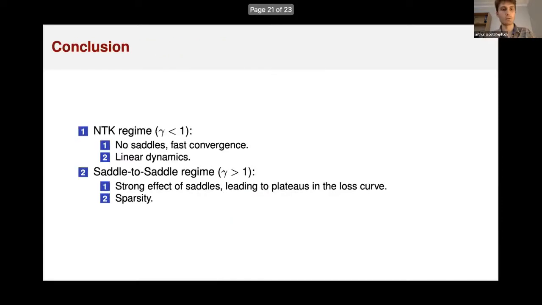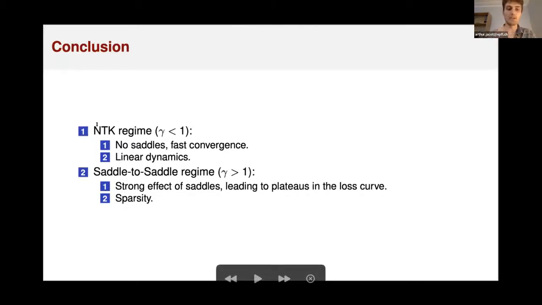Okay, so to summarize, I talked today about two regimes, which depend on the size of the initialization. What's interesting is that even on the same loss, you don't have to change the loss to observe these different regimes. You just have to initialize in different regions.